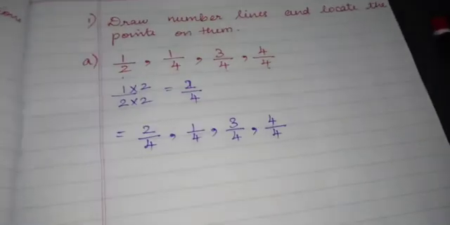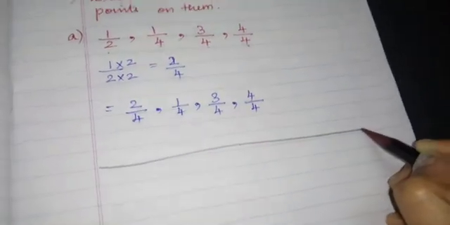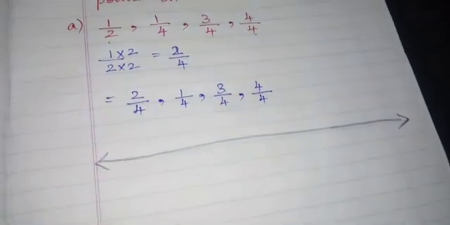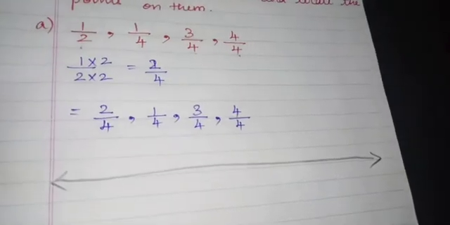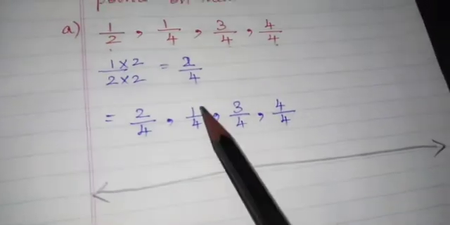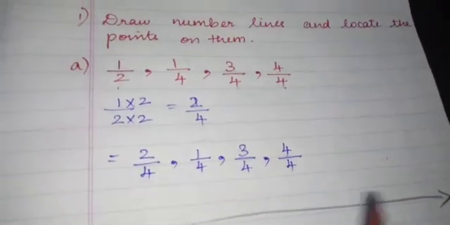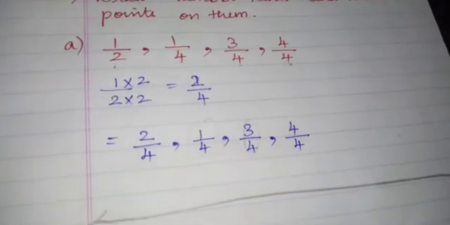Now I am going to represent this on a number line. You can use a scale and a pencil and you can draw it, children. All these values lie between 0 and 1. Why am I saying 0 and 1? 1 by 4 is less than 1. If you divide it, you see it is less than 1. 3 by 4 is also less than 1. 4 by 4 is what actually?